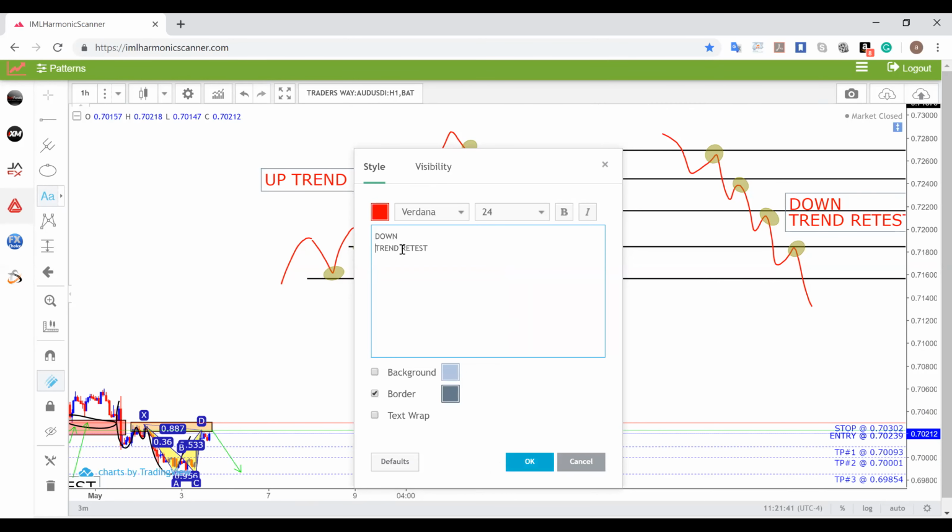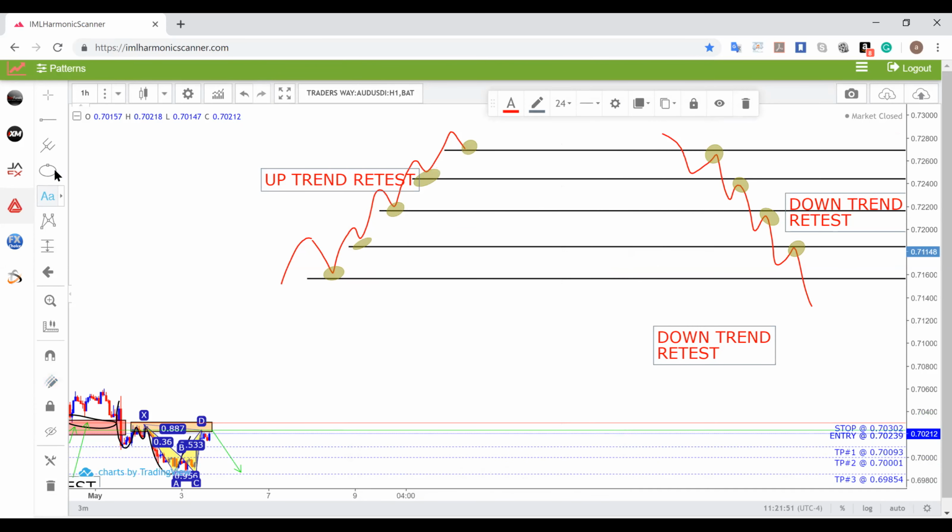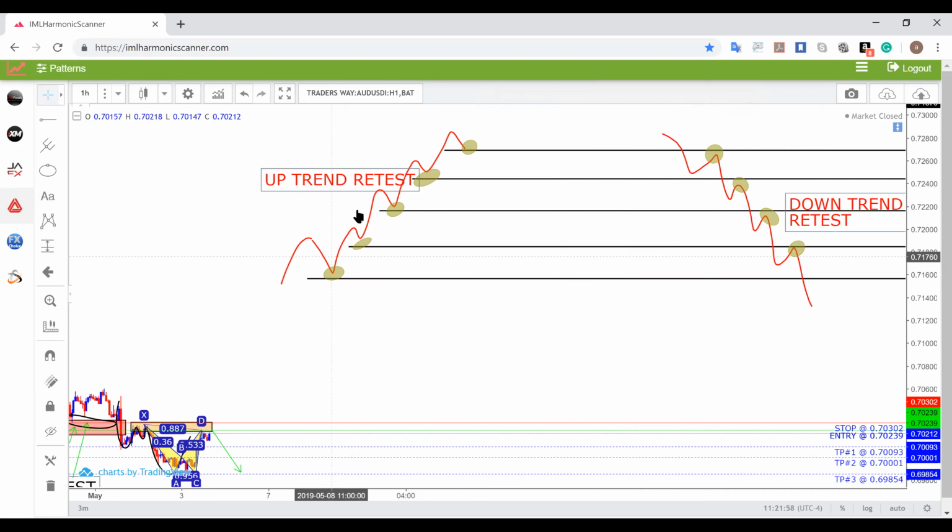And we have a downtrend retest. So now that we know that, we know how to check the pullbacks. We know which one is support and resistance.